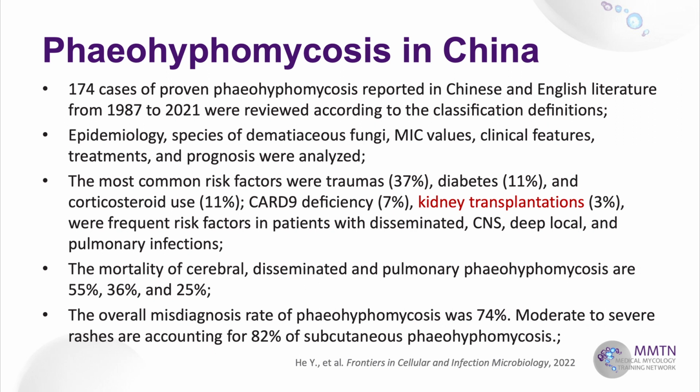These are the frequent risk factors in patients with disseminated, central nervous system, deep local and pulmonary infections. The mortality of cerebral, disseminated, and pulmonary phaeohyphomycosis is 55, 36, and 25% respectively. But the overall misdiagnosis rate of phaeohyphomycosis was nearly 74%.